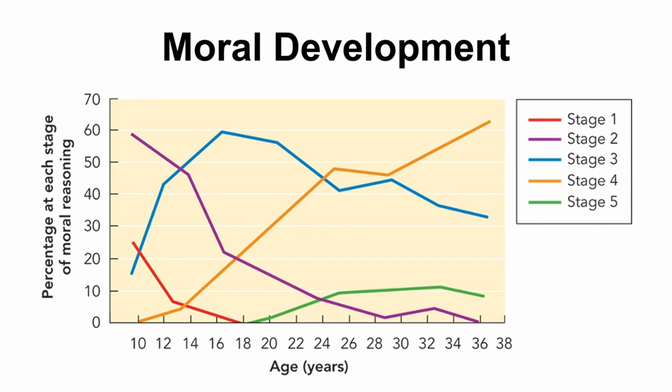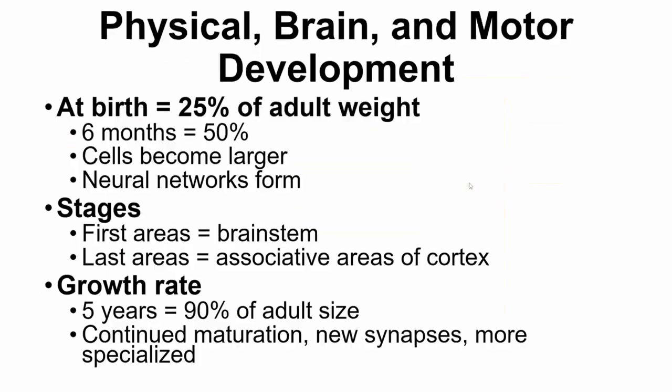However, we acknowledge that not everyone is going to move through all of these stages. Some individuals may stop at stage 3 or stage 4 and never actually progress to stage 5. It's just neat to see this pattern where we have sort of these different proportions of a population at different ages showing different prevalences of different stages here.